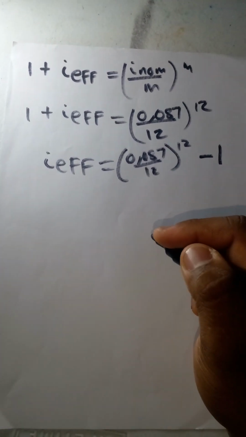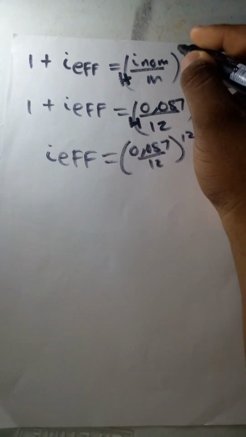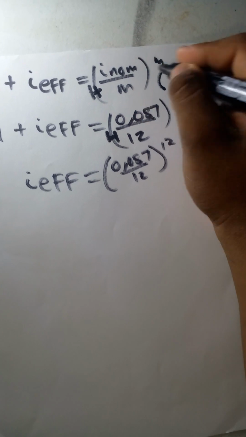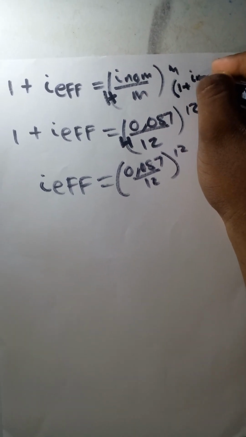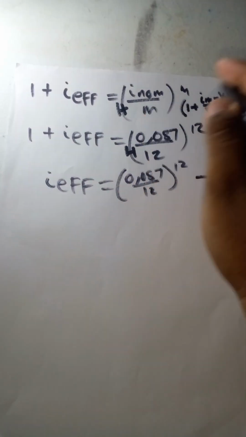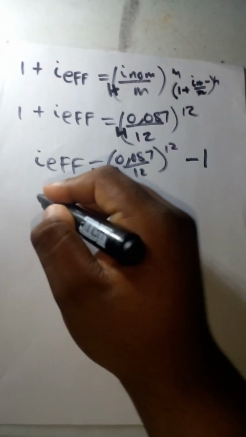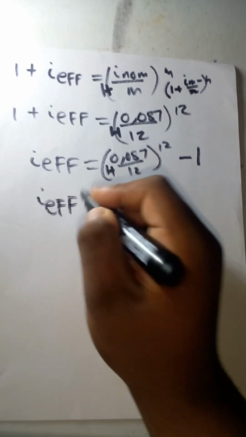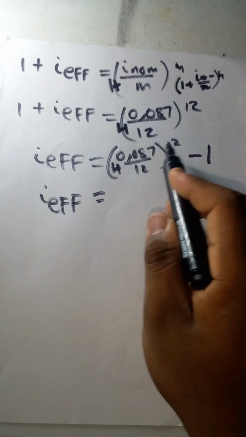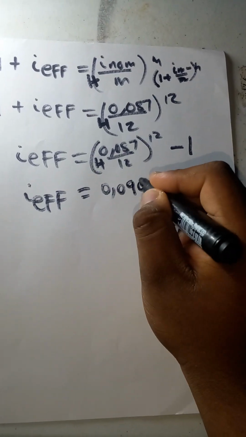Oops guys, I made a mistake. It must be 1 plus. The formula on this side is 1 plus I norm over M, where M is the compounding period, so it must be 1 plus here. That's why I was getting a different answer. So now 1 plus that, you'll get 0,09055.